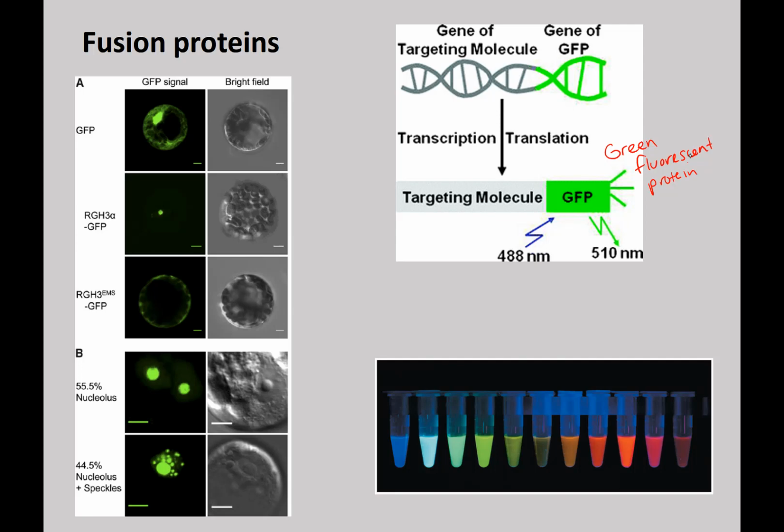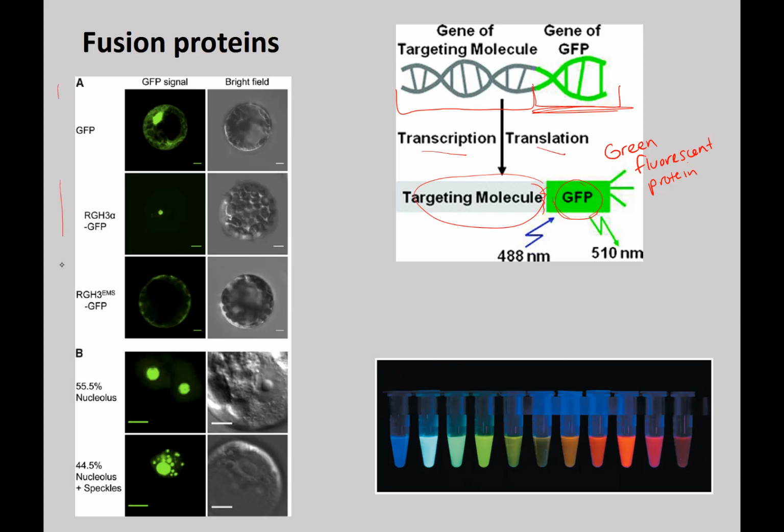And what you're doing, again, at the level of DNA, is you're adding the DNA gene sequence of GFP to whatever protein you're interested in, so that when it is transcribed and translated, it makes a protein that basically has two proteins stuck together, so they're fused. And so you can follow, by looking at the green fluorescence, where this protein is going in the cell.